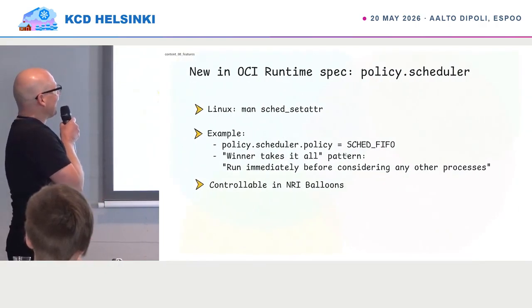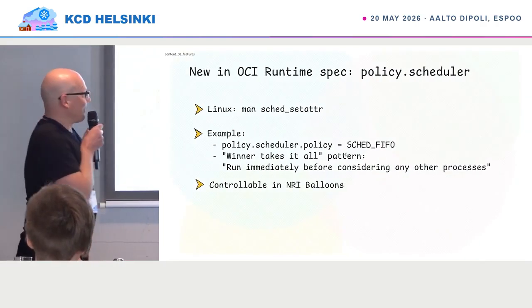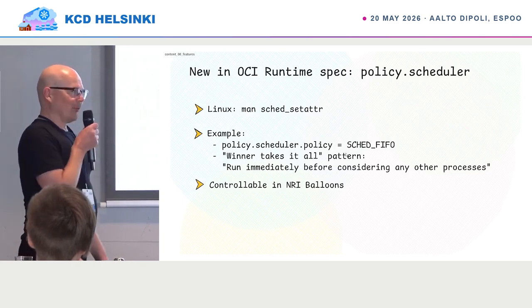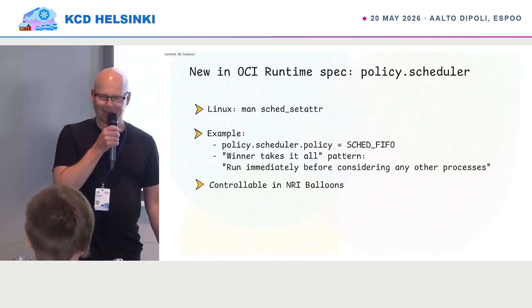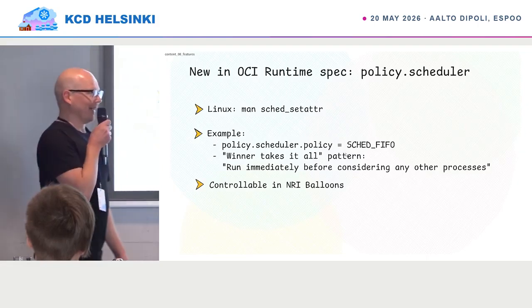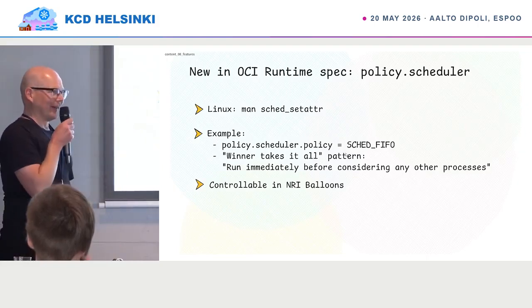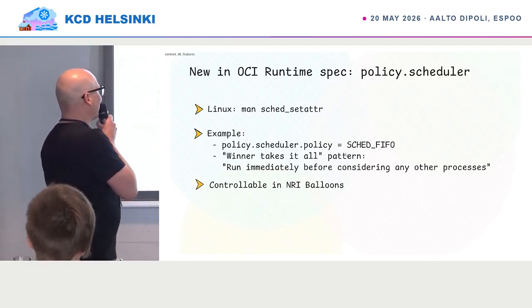Okay, then first, let's see about the new OCI runtime enhancements that are, as Feruz told, already supported in runc, but there is not real Kubernetes high-level support for them yet.